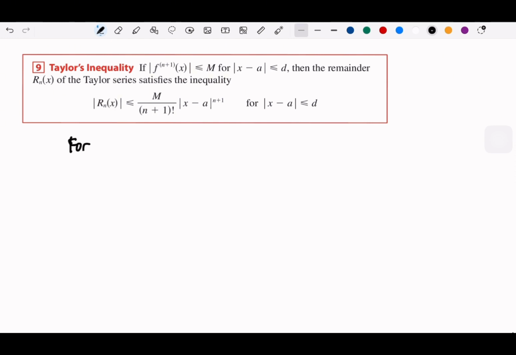For n equal to 1, assume the second derivative, because it's n plus 1, so let's start from n equal 1.